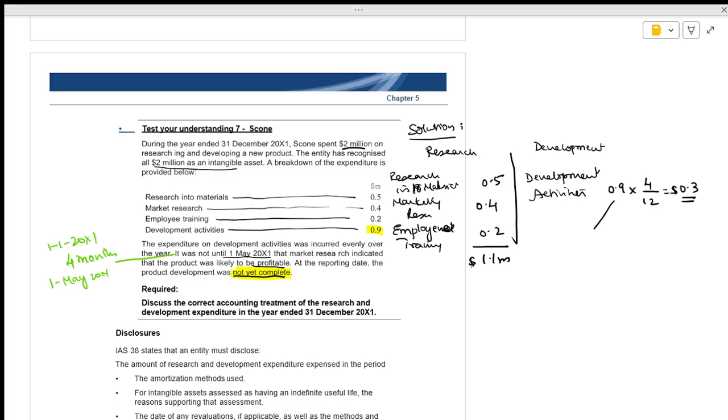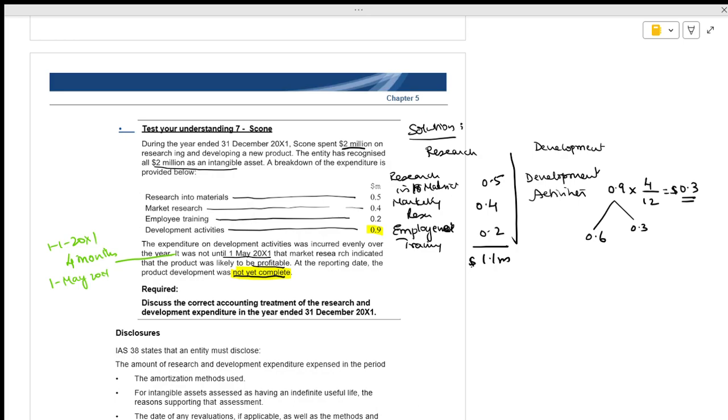Out of this 0.9, 0.3 is to be expensed and 0.6 is capitalized. Now we have to make a separation on this.